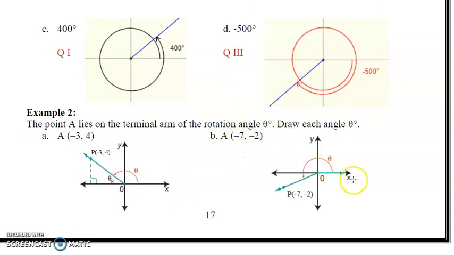In 2b, draw the angle. Our point is negative 7, so we go left 7, down 2, mark our point, and draw a line from the origin through to our point. That's the terminal arm. Draw the angle from our initial arm to our terminal arm, and we see that the angle would be over 180 degrees. We're going to solve that in a little bit.